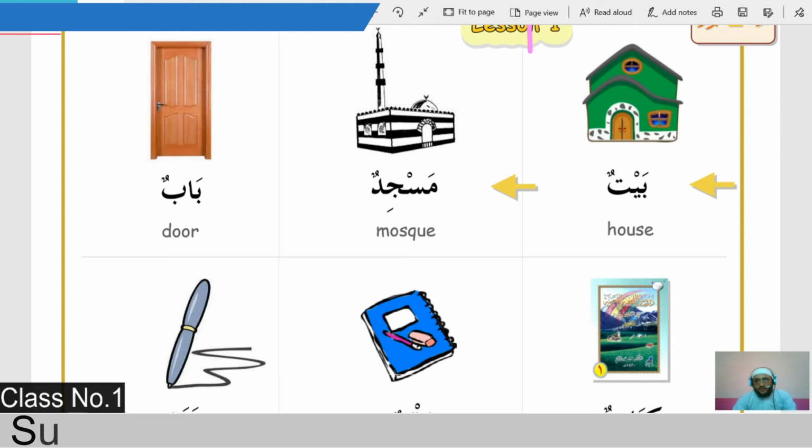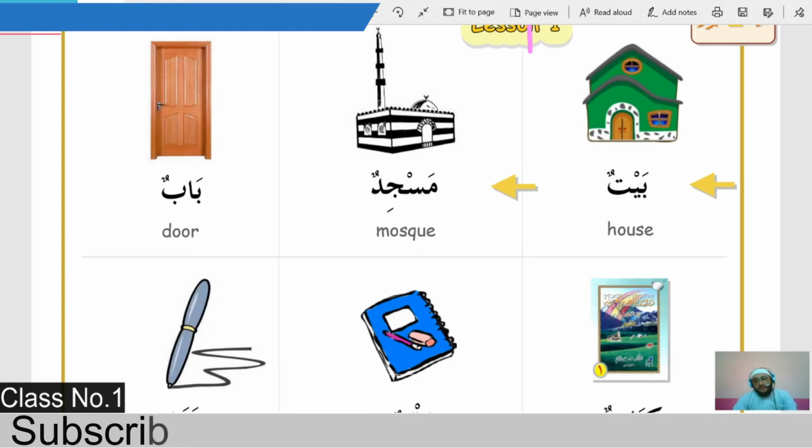As you know very well, we are going to start an Arabic series for learning the Arabic language. So our today's lesson is all about vocabulary. If you have a treasure of words, you can communicate and connect these letters with each other.